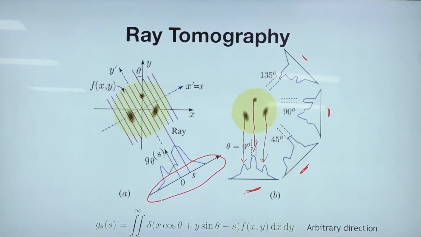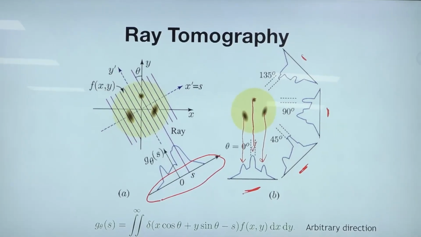It's along the same lines as what we had before. Basically take the object f of x, y, and integrate along a line. The delta function defines a line and you integrate along that line and you get the data. That's really all this is saying.